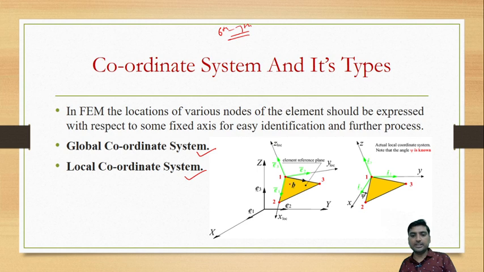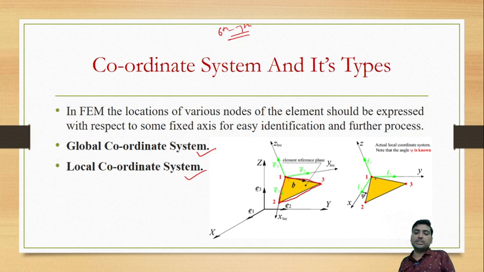You can see this figure. This is the x-axis, y-axis, z-axis, and this is your element. If you see this element, no part of it is touching the axes. At this point there will be some x value, y value, z value, same here and here.